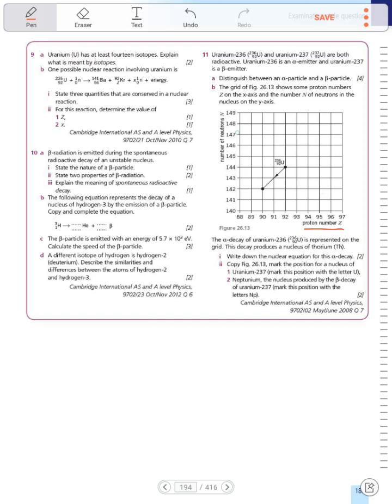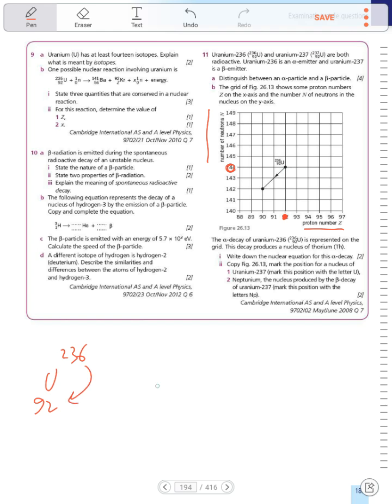If we have a proton number and a neutron number, and we have an element, let's say uranium 92, 236, the proton number is 92, and here we have the neutron number, which is 144. If we take this minus this.